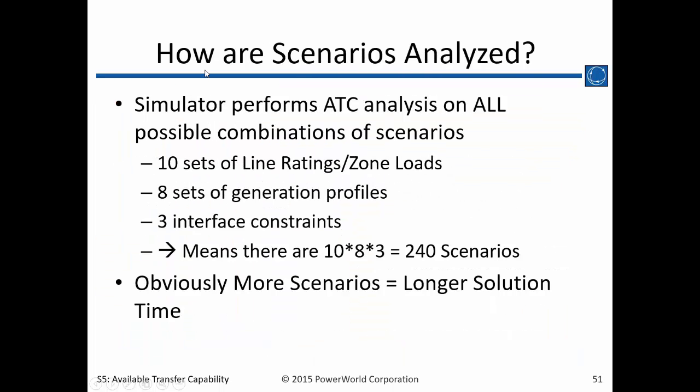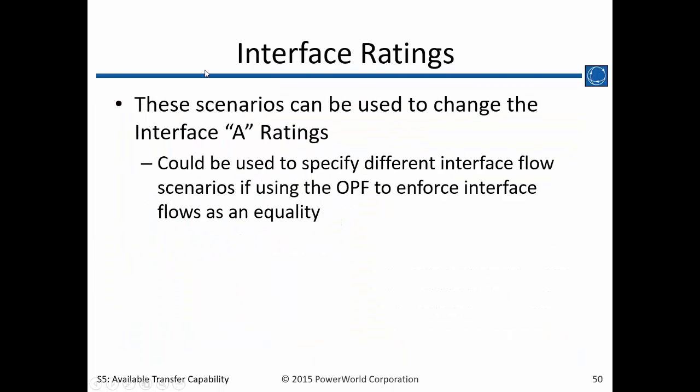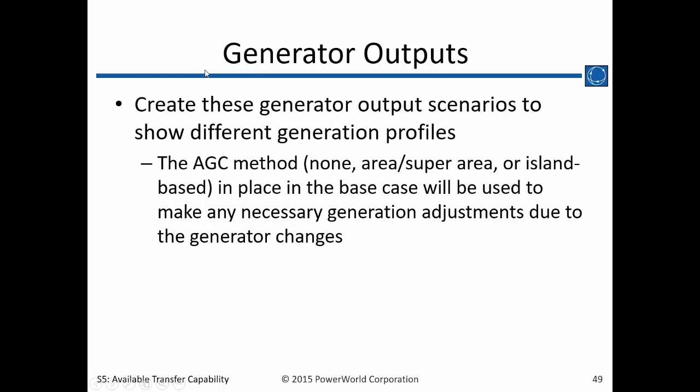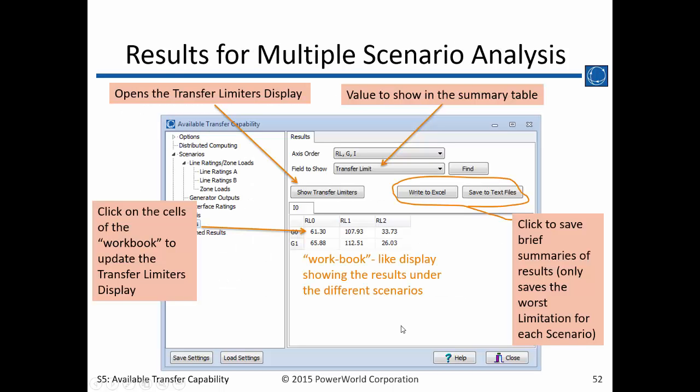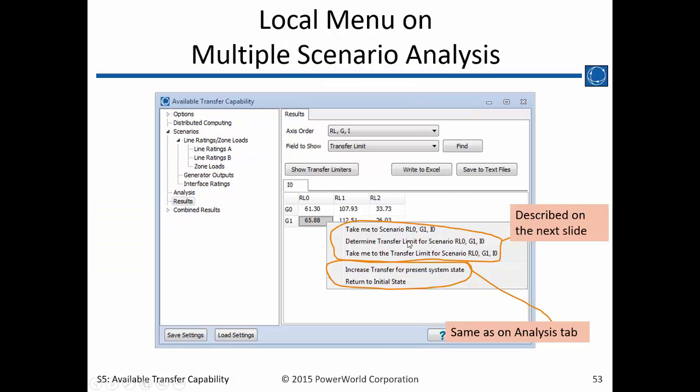These next few slides just explain how you can set up the scenarios with different ratings and different generator outputs. You can quickly develop a whole bunch of them if you use all three of these. And then you can dump stuff out to Excel or to text files. If you right click, we looked at take me to that scenario.